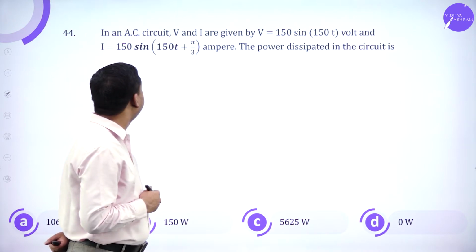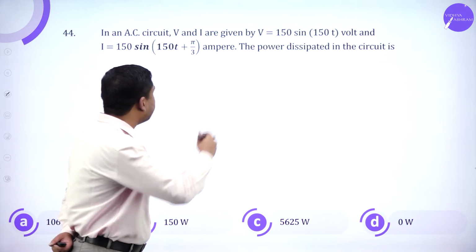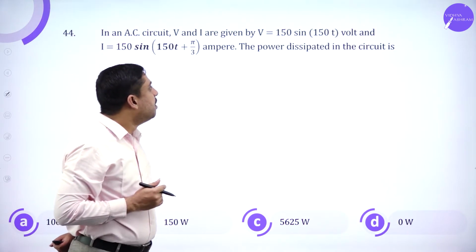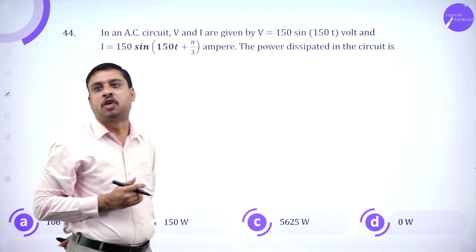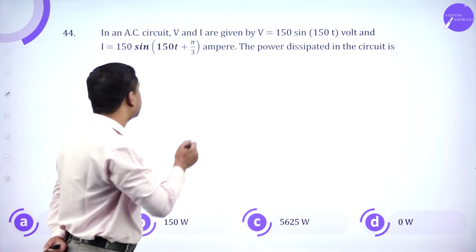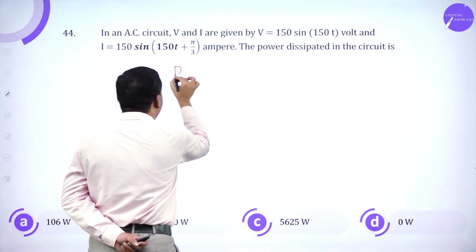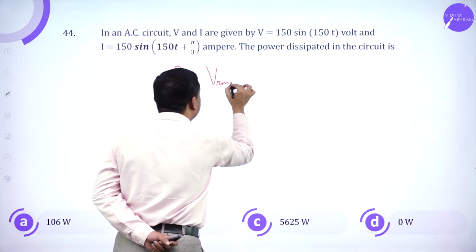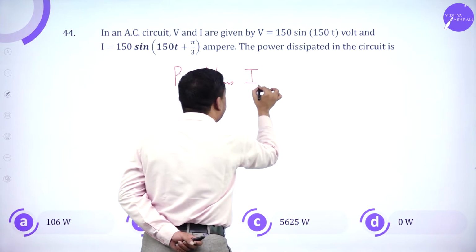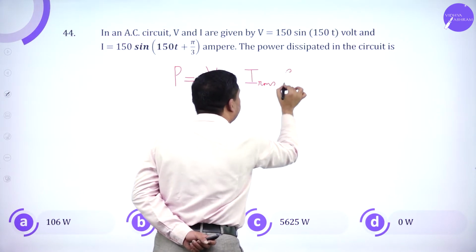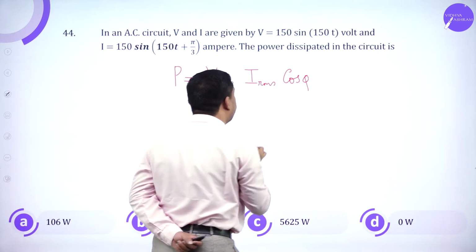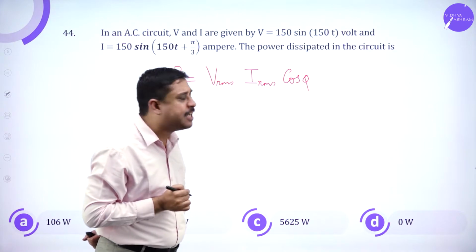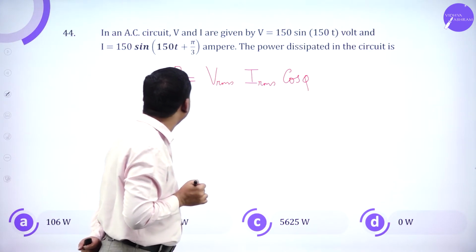In an AC circuit, V and I are given by the respective equations. Power dissipated in the circuit has to be calculated. So we know power dissipated is V rms into I rms into cos phi. Again, need to know this relation. Almost all sessions I have worked out problems on this.